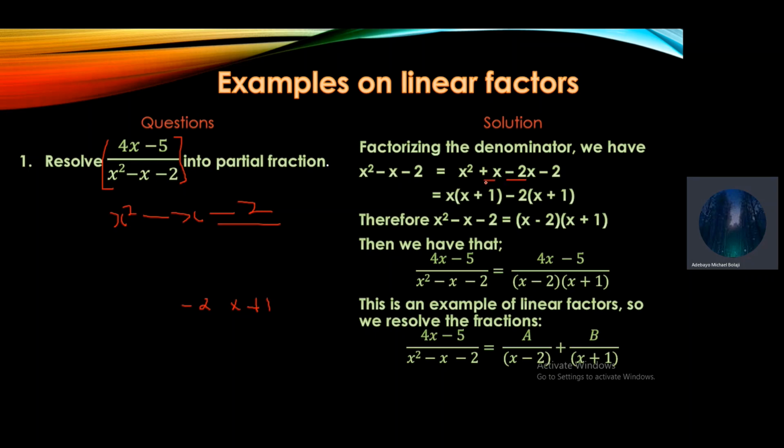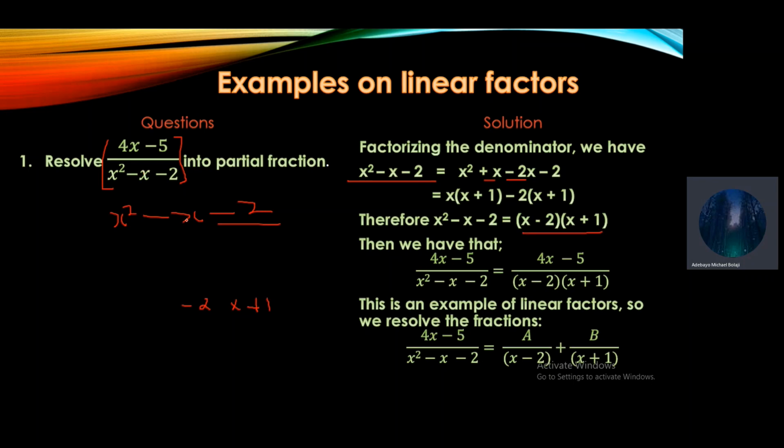If you do not understand what I just did, please go back and study factorization of quadratic expressions before you continue. But if you understand, let's continue. So now we resolve this quadratic expression to give x minus 2 and x plus 1.